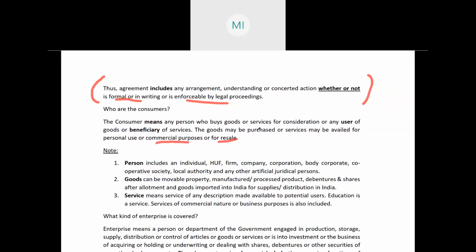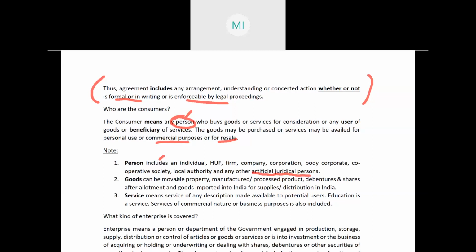Now you have to see who this person is. Whenever you see the word includes, it is an inclusive definition. So person includes any individual, and is wide enough to include artificial juridical persons. And goods, you have to remember, is defined under the Sale of Goods Act.